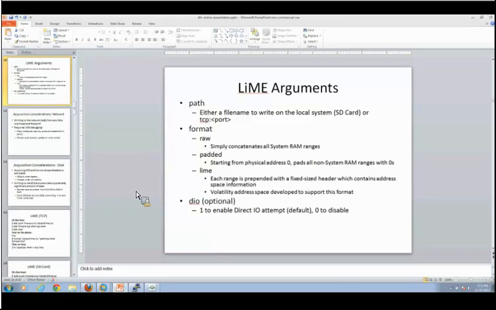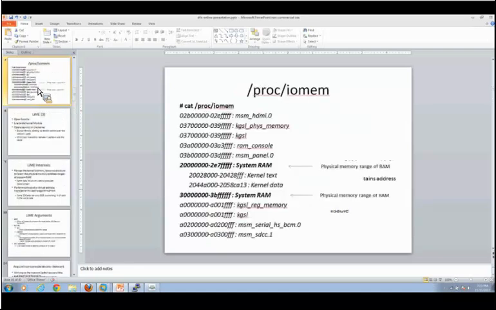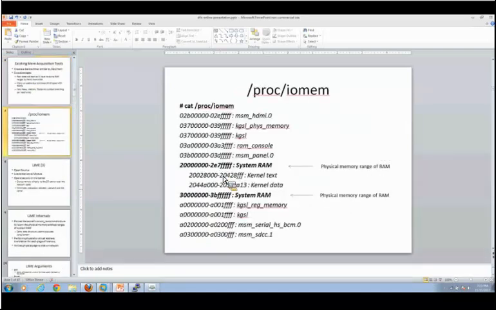The next one is padded, and if you remember back to our IOMEM here, we have 2 system RAM ranges. One ends at 2E7FF, and the next one doesn't start till 3 with a bunch of zeros. So there's a gap there where there's just nothing in memory, but for the addresses to line up, you have to know to skip those.